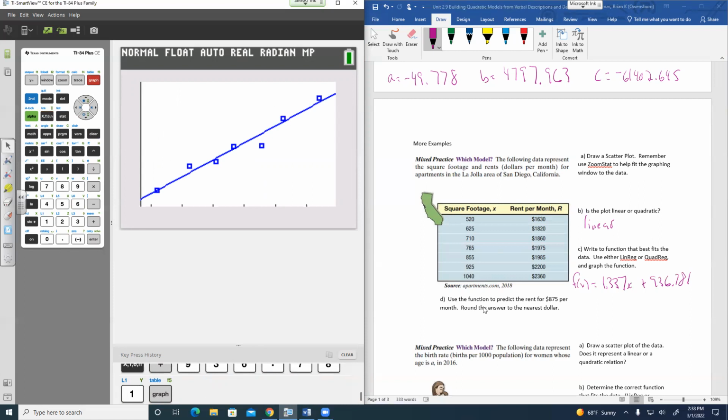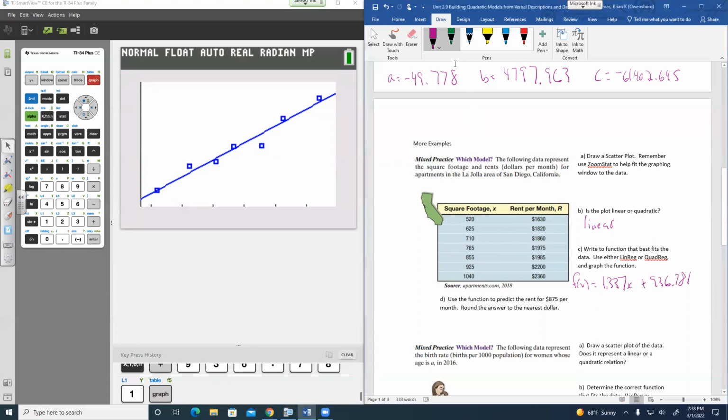We want to use this function to predict the rent for 875, rounding the answer to the nearest dollar. I don't think I like that question there. That should be 875 square feet, probably, not $875.